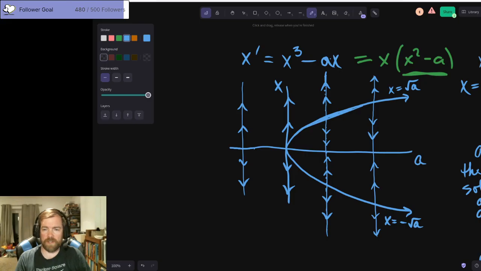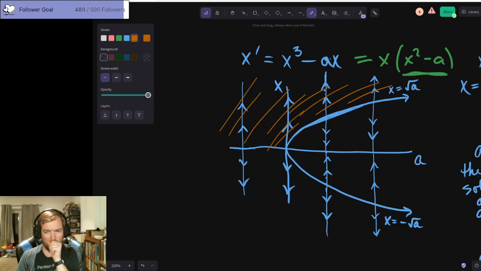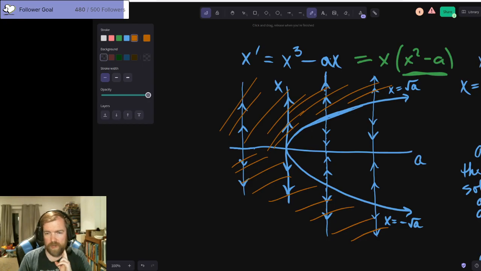And you can kind of see that makes sense because all of this stuff is in one region, and all of this stuff is in another region, separated by x equals 0.